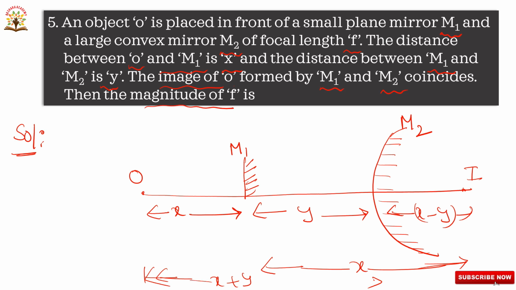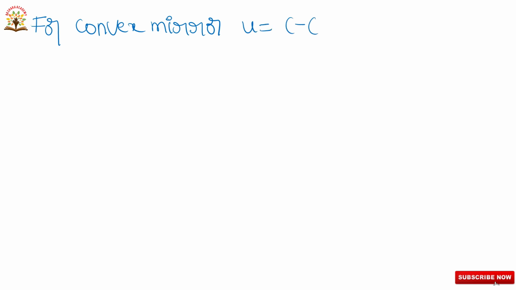Now this distance is x plus y. Okay, now for convex mirror, u is equal to minus of x plus y, and v is equal to x minus y.